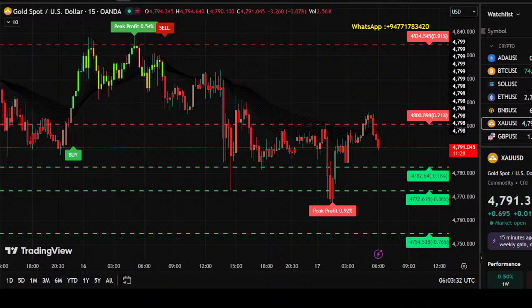For example, if the RSI indicates an overbought condition in an uptrend, it could suggest an impending downward reversal. Similarly, chart patterns such as head and shoulders, double tops, and double bottoms are classic signals of potential reversals. A head and shoulders pattern, for instance, typically marks the end of an uptrend and the beginning of a downtrend.